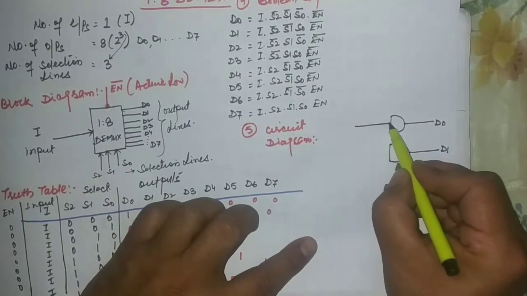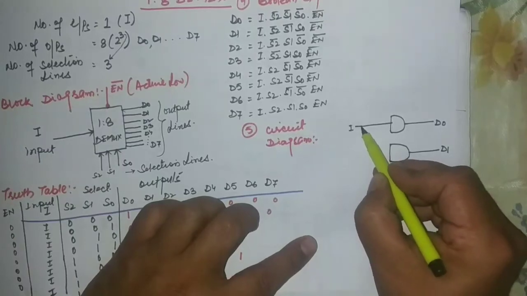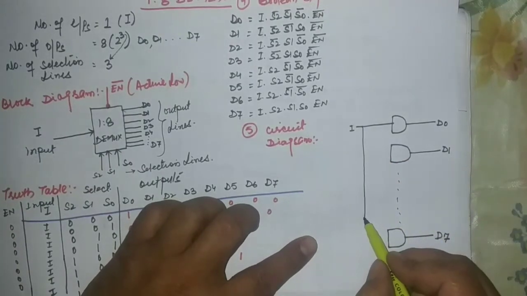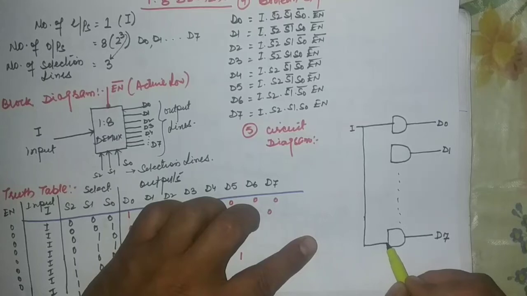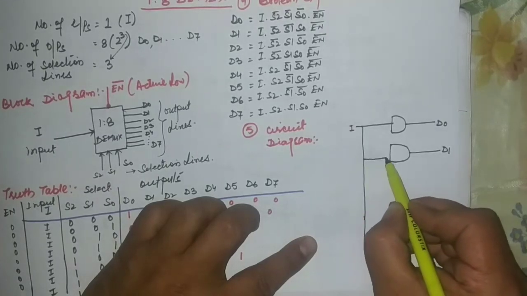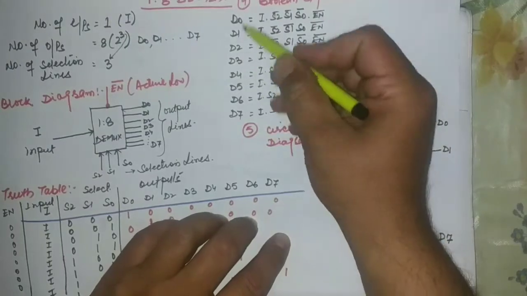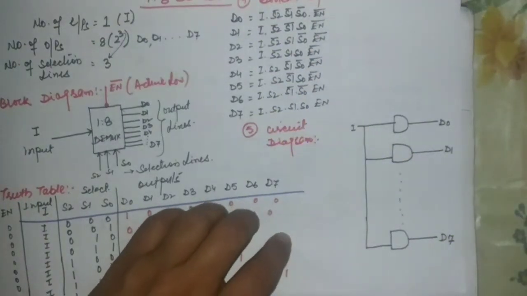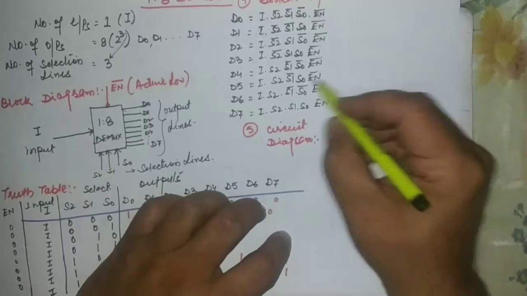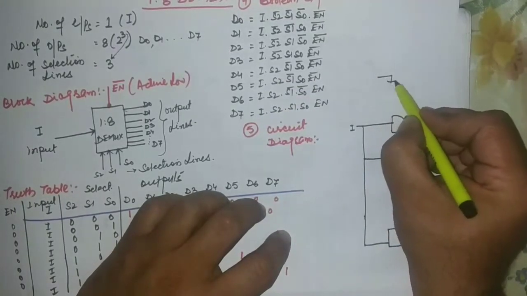So this is input I, which remains same for all the AND gates. So this is also I, and this is input, because input is same to all the outputs. Now we have 3 selection lines.